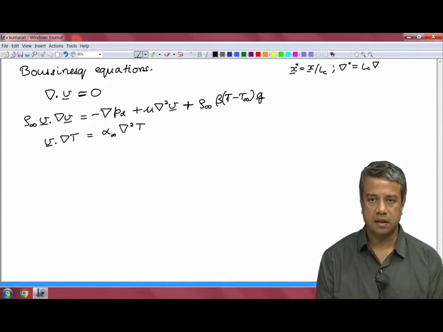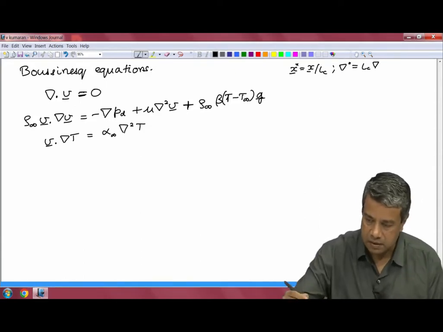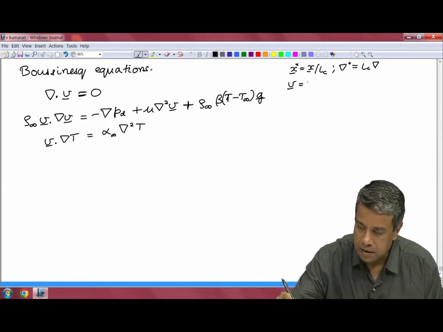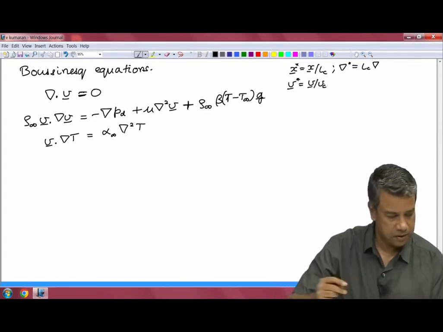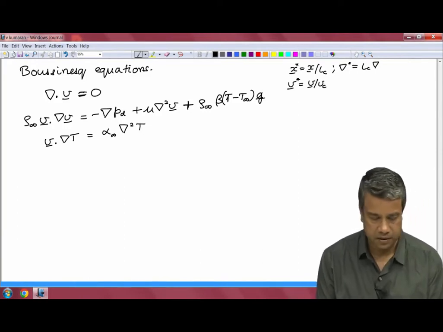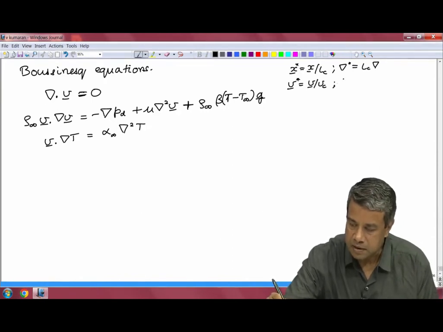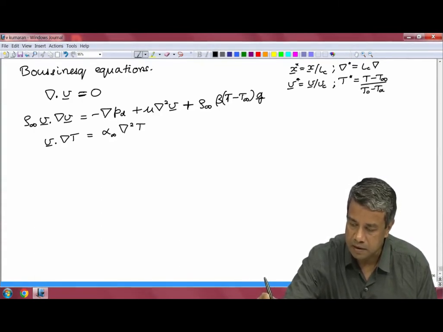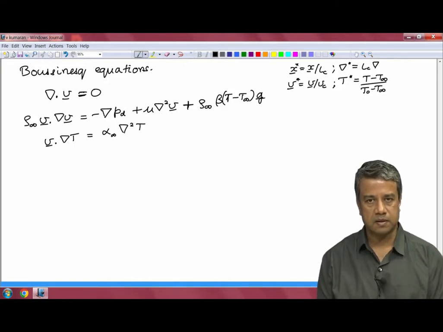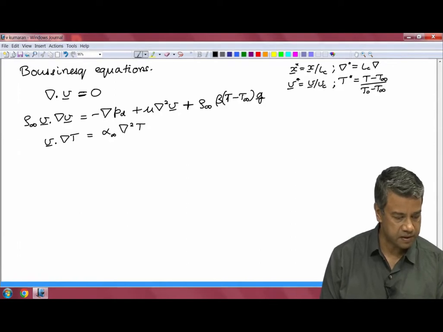Unit vectors are dimensionless. The velocity will be scaled by a characteristic velocity which we do not yet know. The scaled temperature T star is equal to T minus T infinity by T naught minus T infinity. The usual scaling, because T star has to be 1 at the surface and it has to be 0 far from the surface.